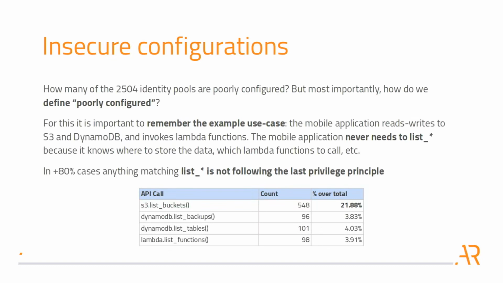Why does a mobile application need to list backups for a database engine? So this is a good and strong indicator of misconfiguration, of a developer granting more permissions than the ones needed by the web application or the mobile application. So 1 out of 5 developers are misconfiguring their Cognito identity pools.